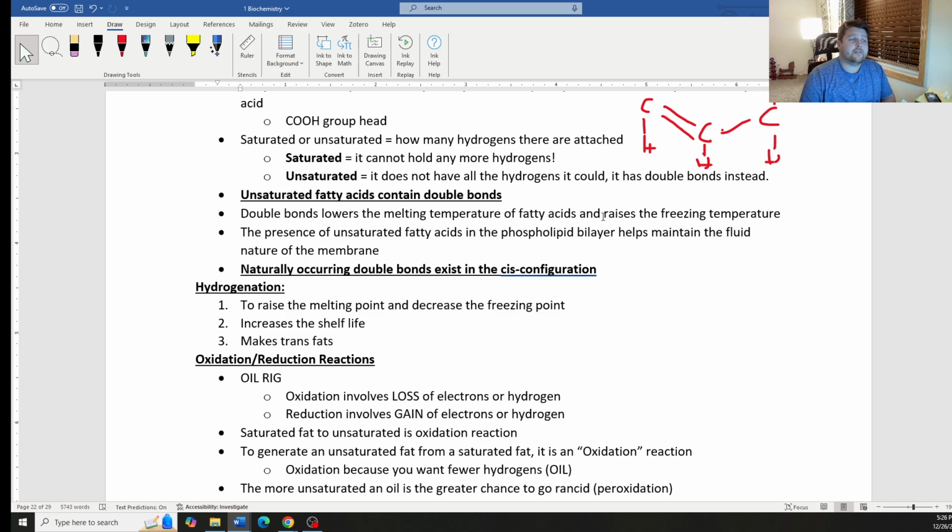So solid fats have a higher freezing temperature, and the unsaturated fats have a lower melting temperature, so they're liquid at a lot lower temperatures. So think olive oil. Olive oil is mostly unsaturated fats, which is why it's liquid at room temperature. Butter is more saturated fats, which is why it is solid.